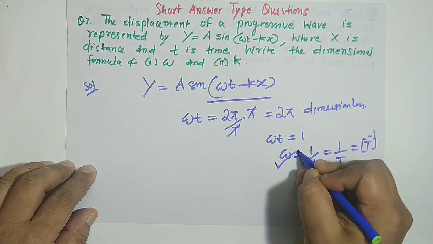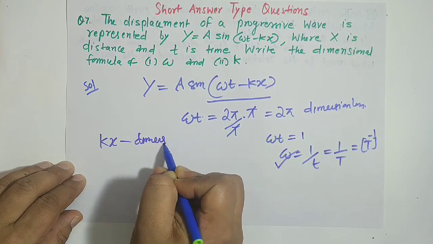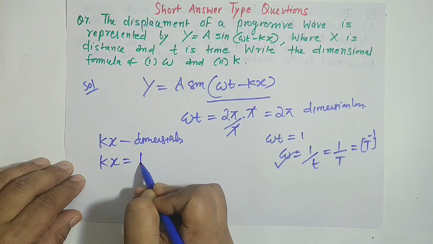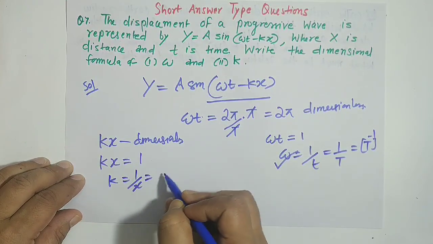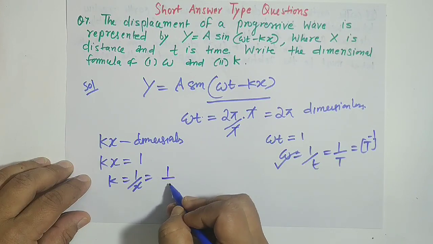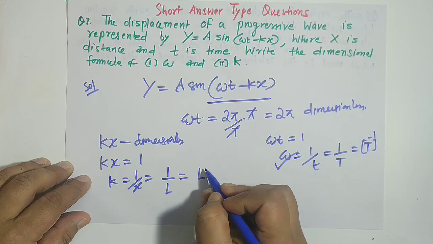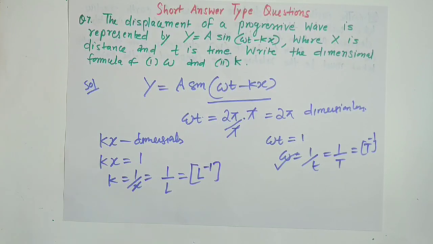This is for omega. Now kx should also be dimensionless. So k is 1 by x, and x is distance, which is L. So k will be L to the power minus 1 from this relation. So y is a sine omega t minus kx.